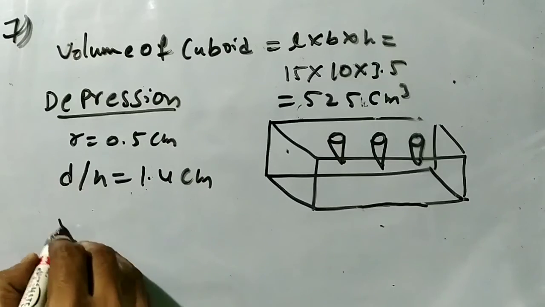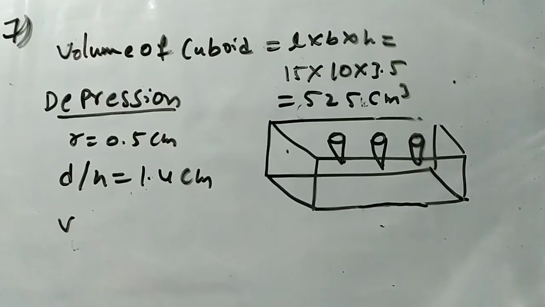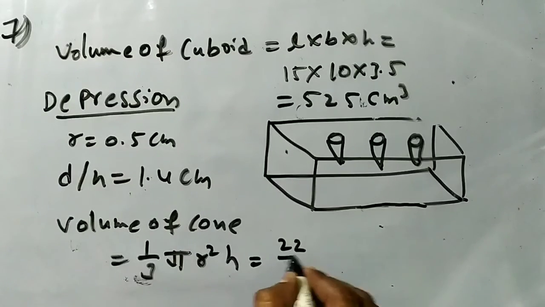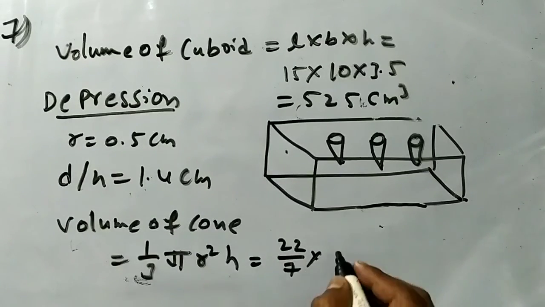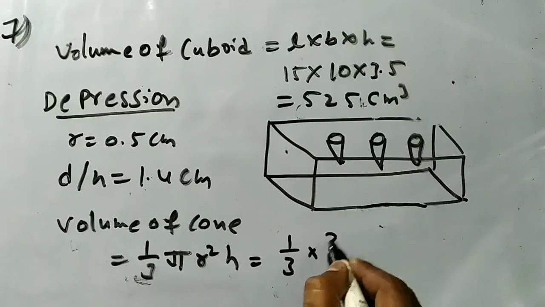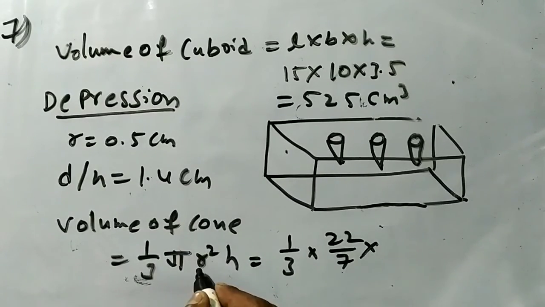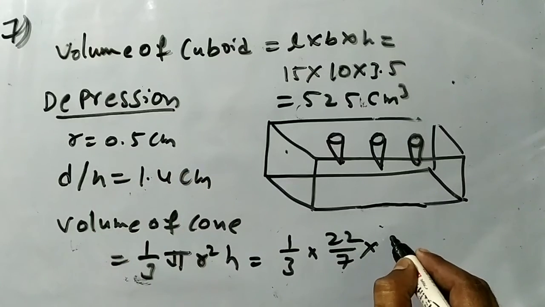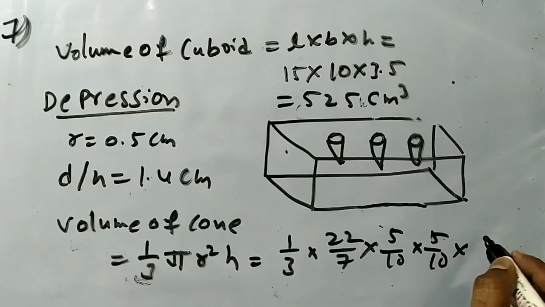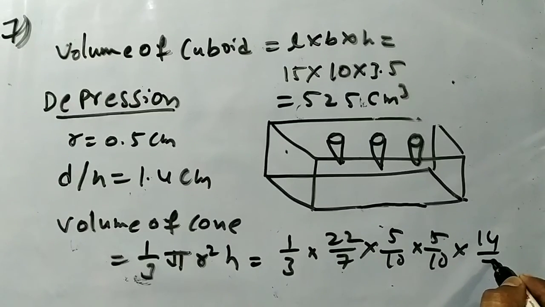The volume of a cone is 1 by 3 pi r square h, that is 1 by 3 into 22 by 7 into r is equal to 0.5, that is 5 by 10, let's take 5 by 10 for easy calculation, into 14 by 10.